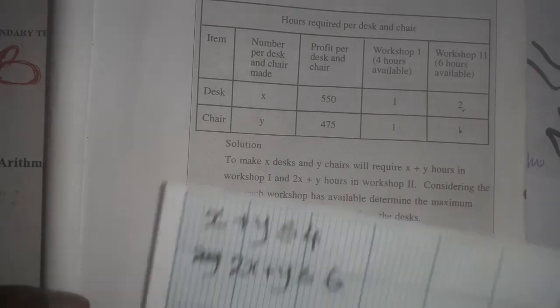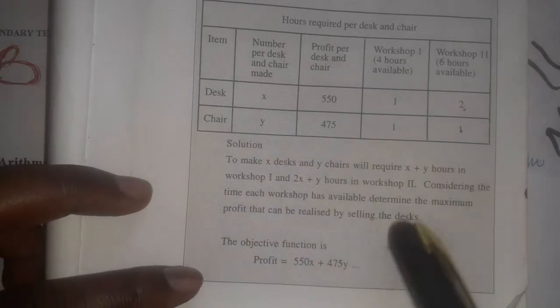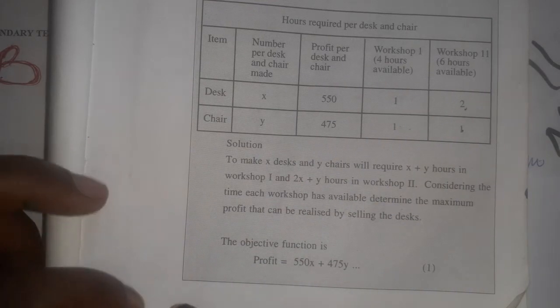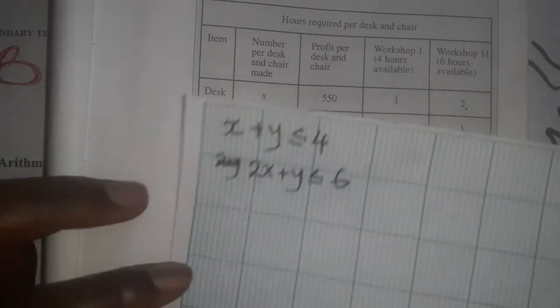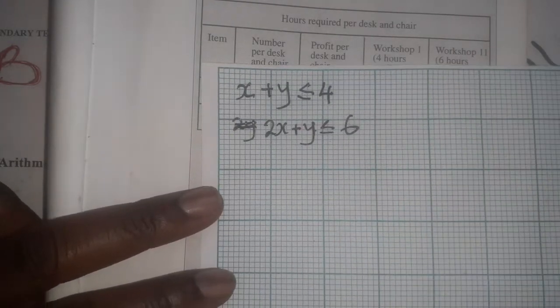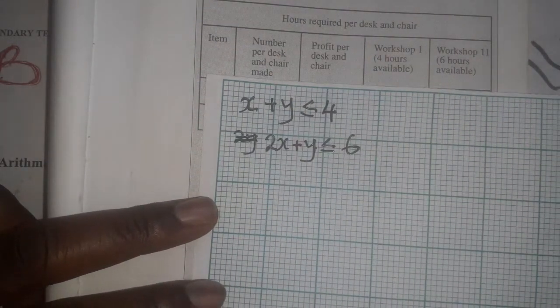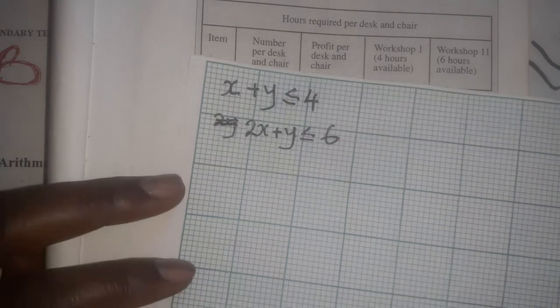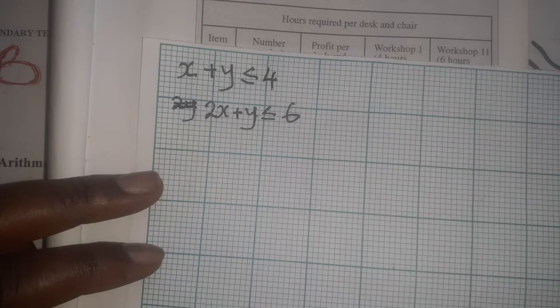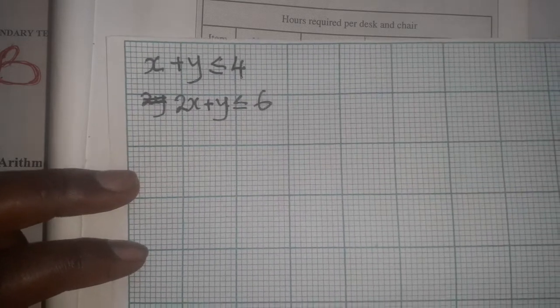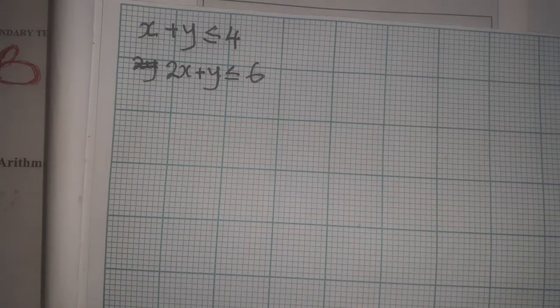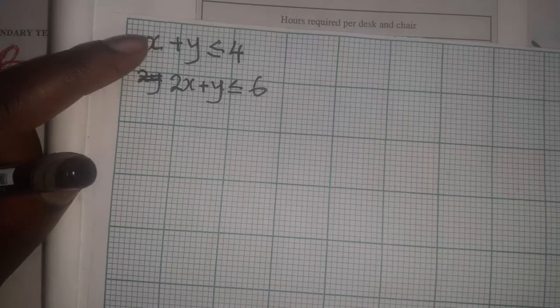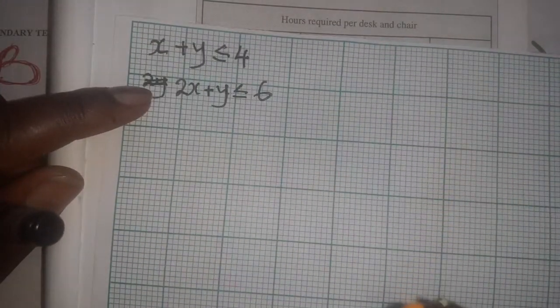Okay, so now this is the only information that we have been given here. We haven't been told in the passage how many desks were made, how many chairs were made. And if you remember in the previous lessons, I did explain that there are times when you can be given such a case where it is silent on the number of desks that were made as well as the number of chairs that were made.